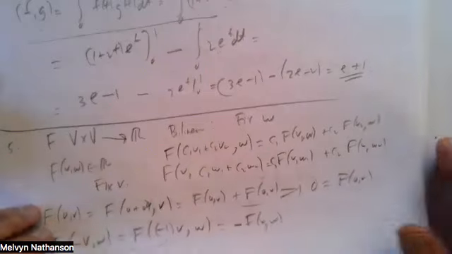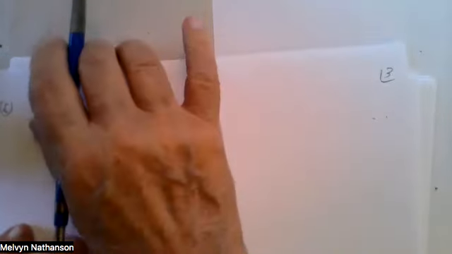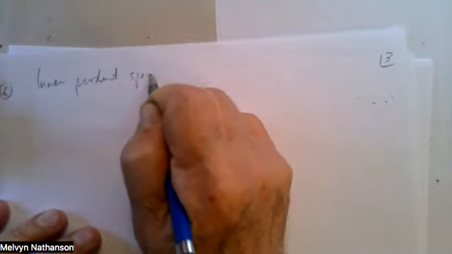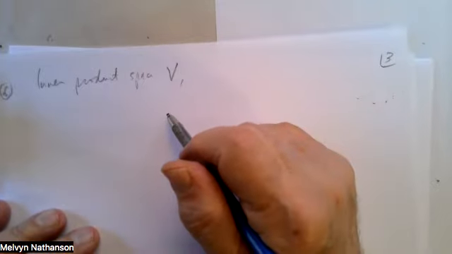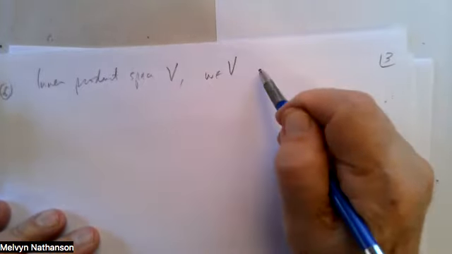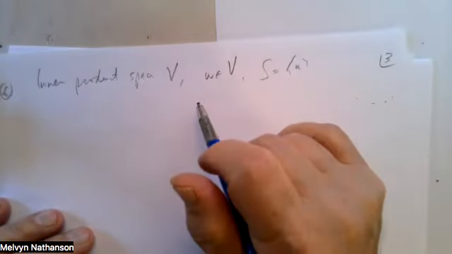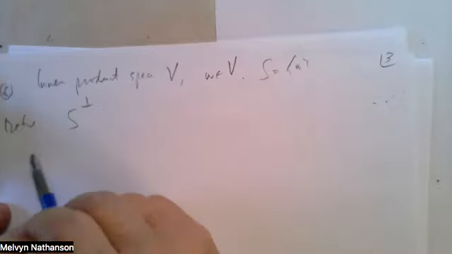Let me do number 6, because it's in the same spirit. So we have an inner product space V and a vector W in V. And so we let S be the set consisting of just this vector W. So we define S with a perpendicular sign.